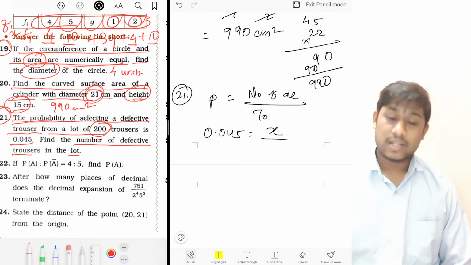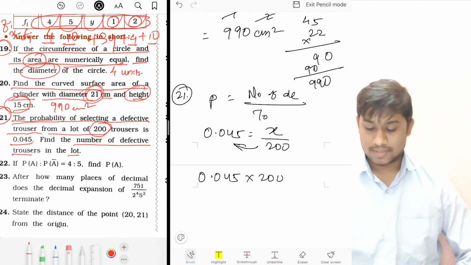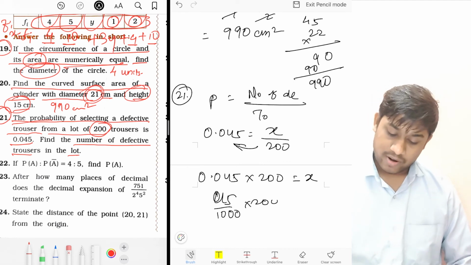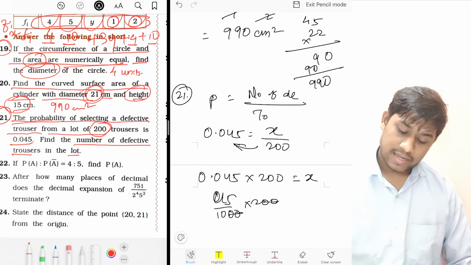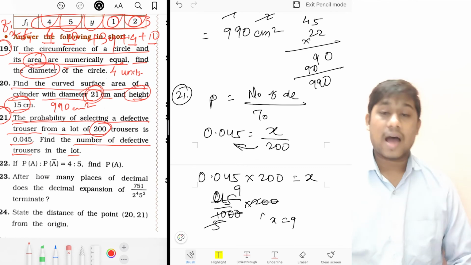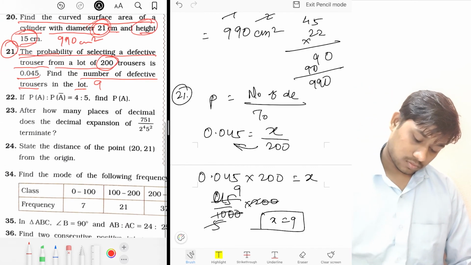Probability 0.045 is equal to unknown defective by total 200. 200 will go that side and become 0.045 into 200 is equal to x. So now I can write this as 45 by 1000 into 200. These 2 zeros are cancelled out. What we have? 2 5s are 10, 5 9s are 45, so x is equal to 9. So how many? 9 are defective.